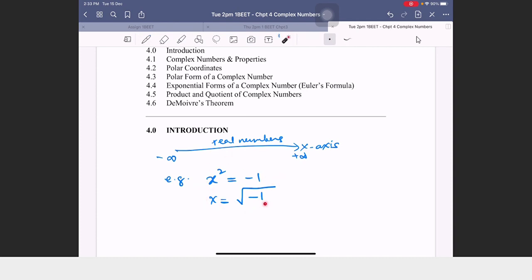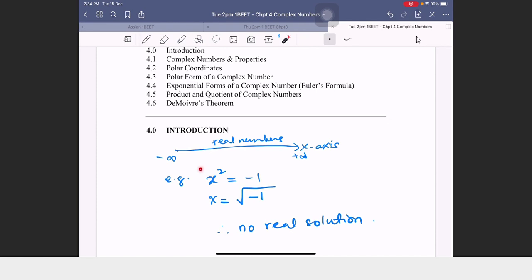Previously, when you learned to solve quadratic equations and came to this type of solution, if we had the square root of a negative number, we would say there is no real solution. Either you say undefined, so you cannot compute, or no real solution, because there is no number which you square to get -1.